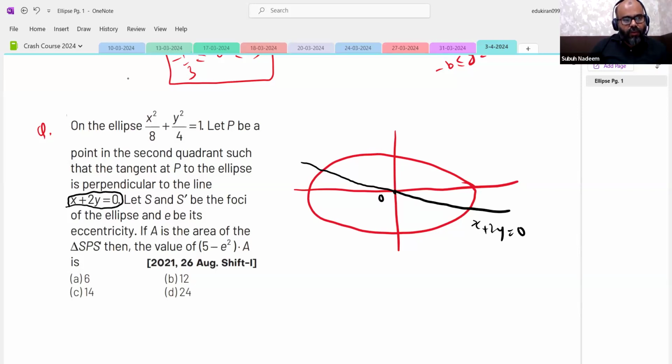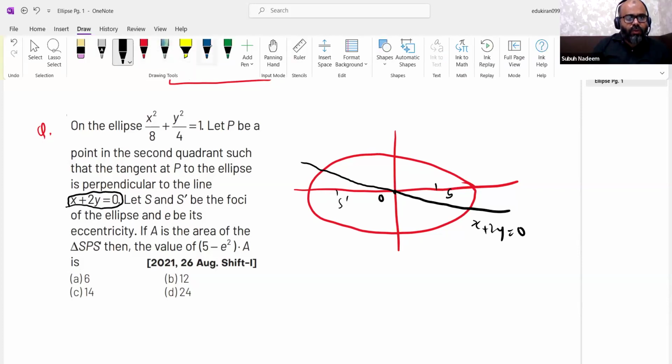And then we have S and S dash as the foci. So this is one focus, this is another focus. And P is the point where it is tangent and perpendicular to this line.